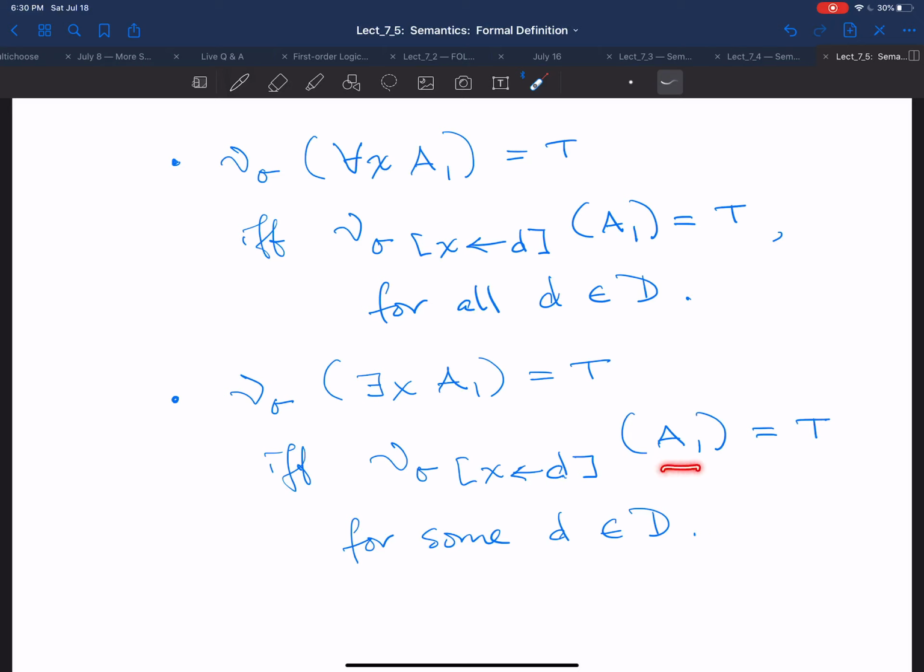So as long as A1 comes out to be true under some assignment of a domain element to x, the existentially quantified formula is true. That completes our formal definition of the truth value of a first order formula.